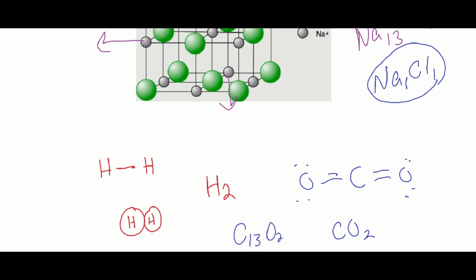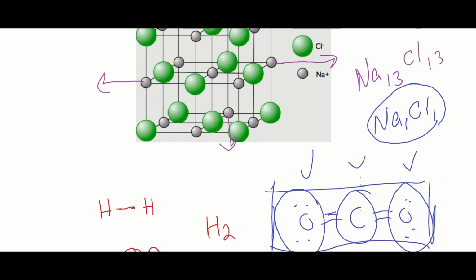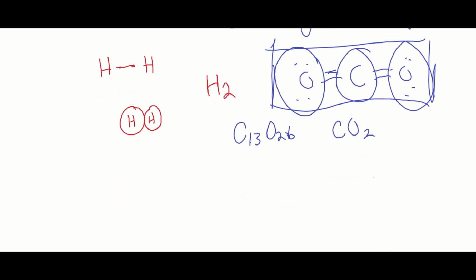That's never the case, because this molecule is a discrete unit of 2 oxygens and 1 carbon. It doesn't have a crystal repeating lattice structure. It has a discrete beginning and a discrete end. This is 1 molecule, but you can't say that about this. All right? So that's the reason, to get back to my point, that's the reason we do not reduce.